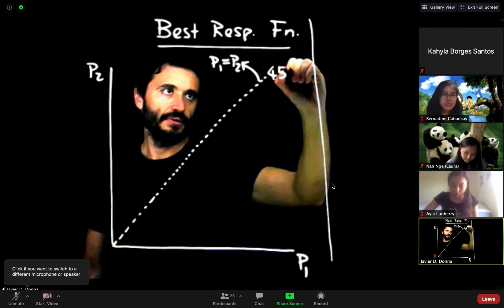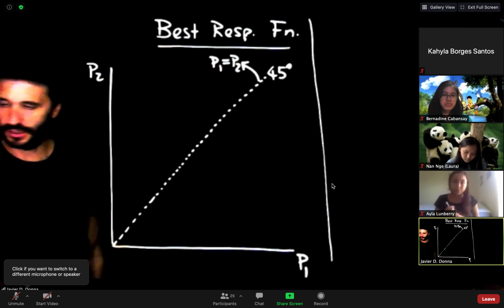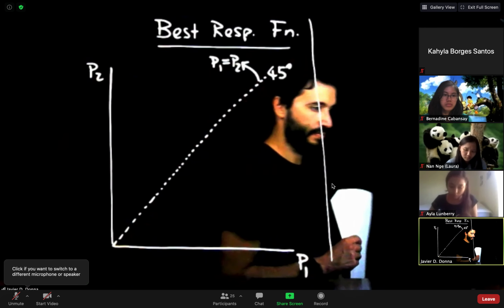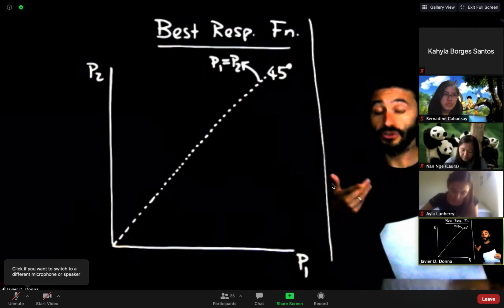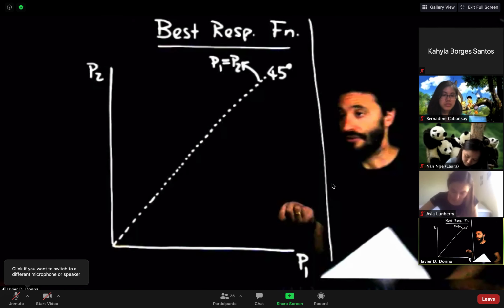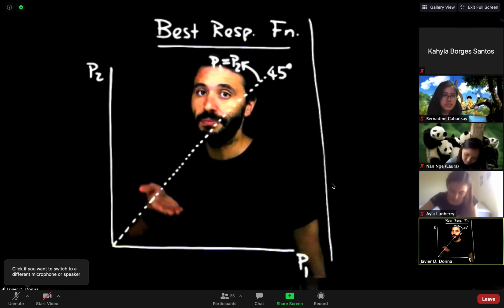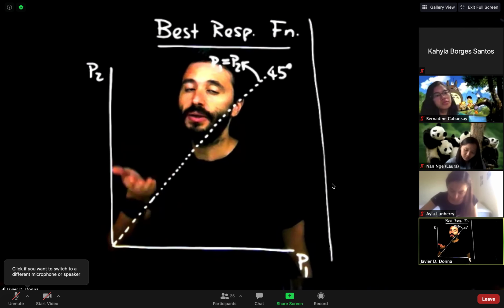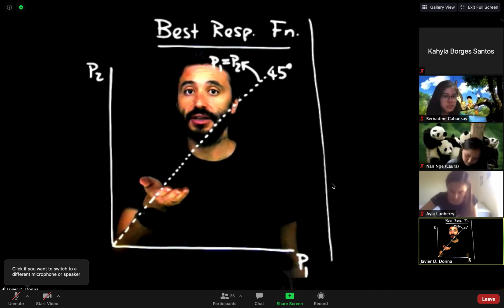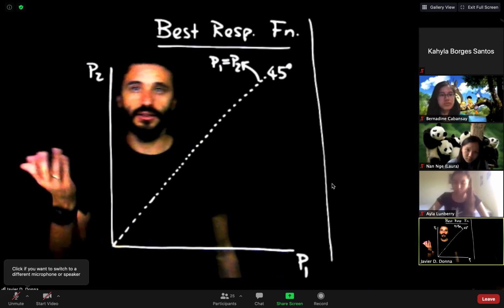So in this line, what I measure here in P2 is equal to P1. It's going to be important in this model. And again, the reason why it's important is that firms don't want to be undercut. If they get undercut, they get zero demand, they get discontinued.